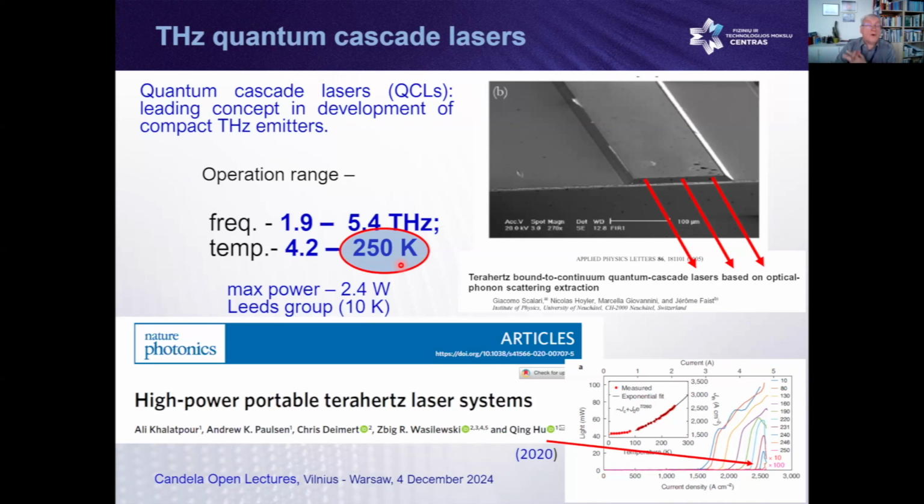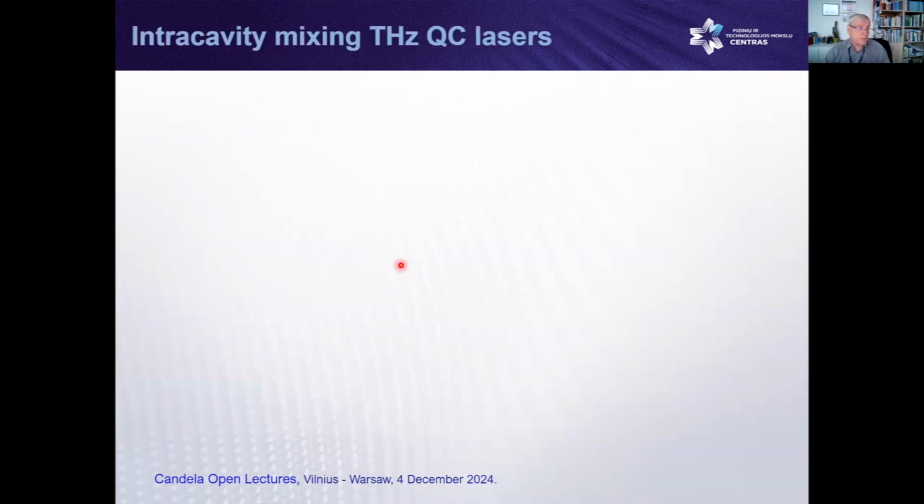It means no cryostat in the lab, no liquid nitrogen, no liquid helium, only electrically driven Peltier cooling. That was a big advantage of this approach.